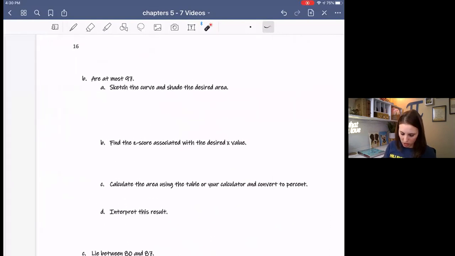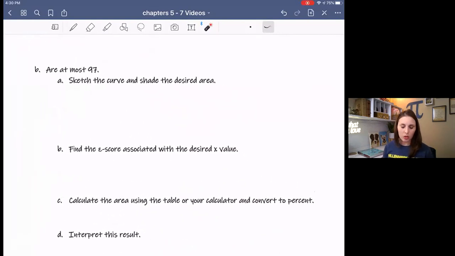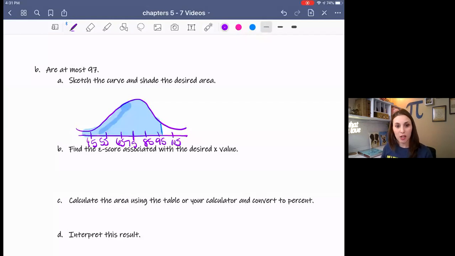So moving on, I have another example. I want you to pause it and try it and come back and check your work. I would strongly recommend going ahead and sketching the curve just so you can kind of see where you stand. Okay, so if you've sketched the curve, it should look something like this. Our keywords here: we are still using the mean of 75 and a standard deviation of 10.